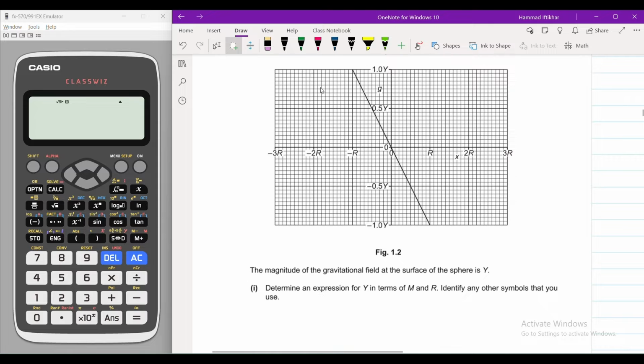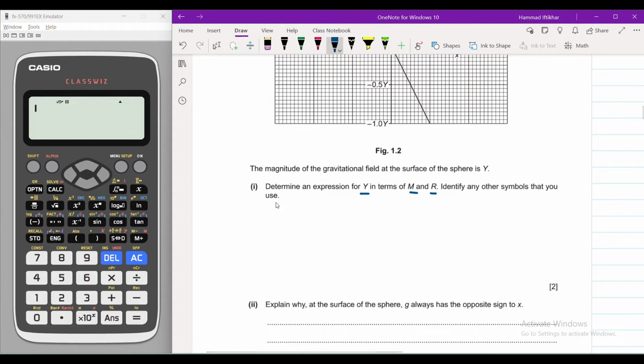We know that y is the maximum field strength at the radius of the planet, m is the mass, r is the radius. So we can use the formula for g, the gravitational force per unit mass, F over m, which can be rewritten as GM over r squared.